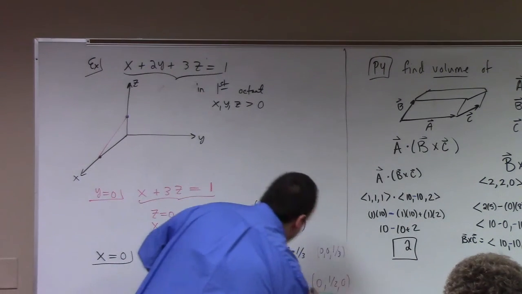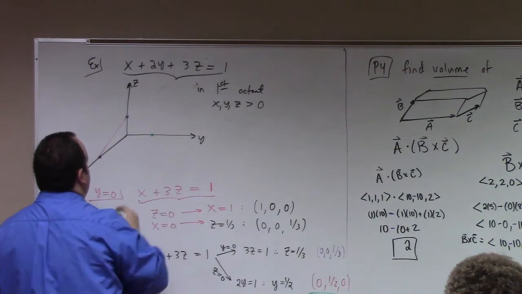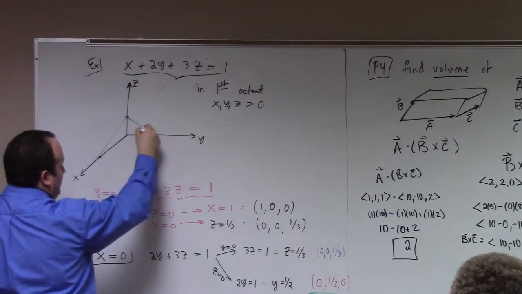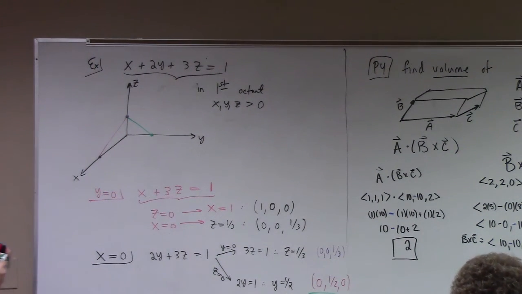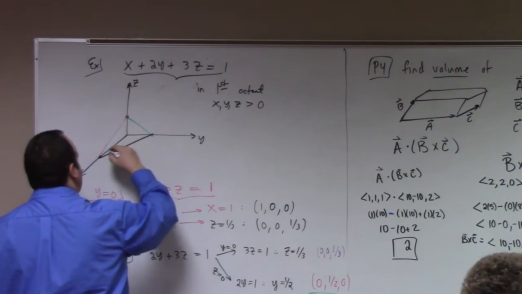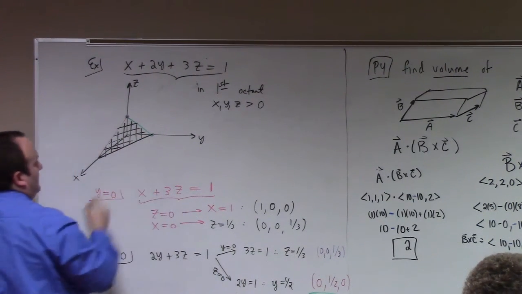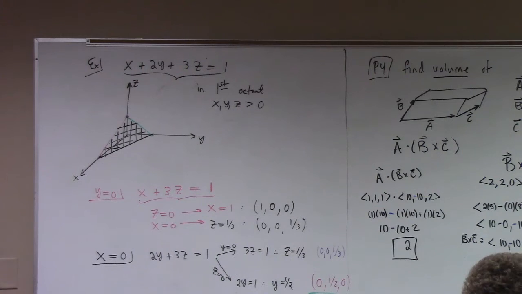So I'm just trying to give you some ideas about how you might go about graphing things, to seed your intuition. If we study z equals 0, we'll get the black and the green point there, and the line which connects them is the intersection of the plane and the xy plane. So what we got is this thing, right? We get this kind of triangular region.